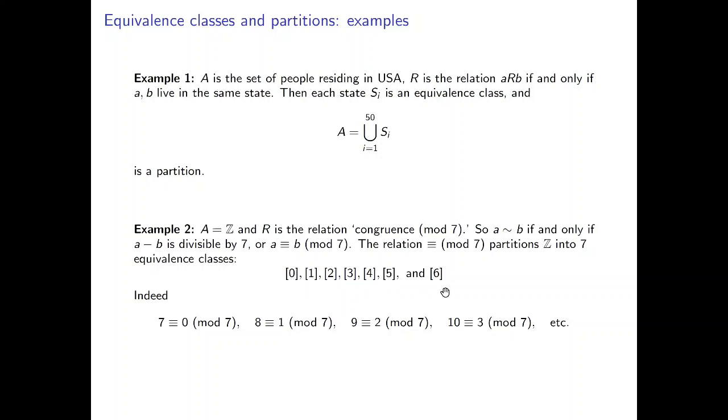And so even though in this case my set A has infinitely many elements, this congruence relation breaks it up into finitely many different equivalence classes. It turns out one of the reasons this relation is so important is that you can do basic algebraic manipulations with these different classes.